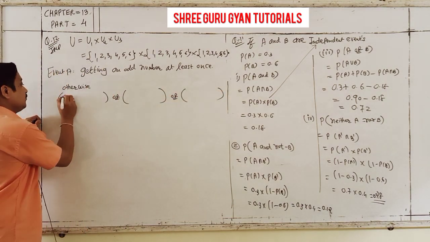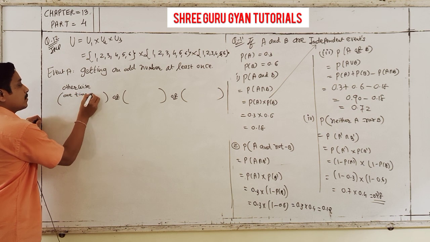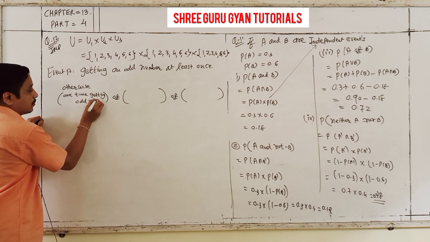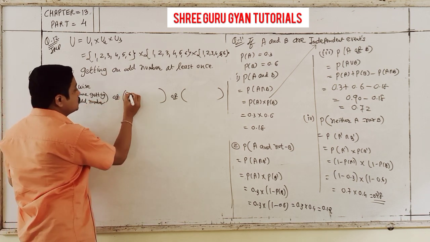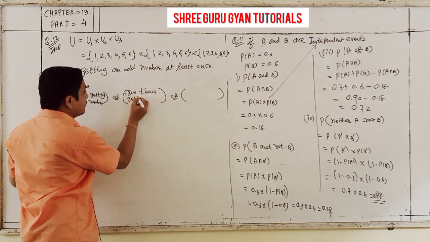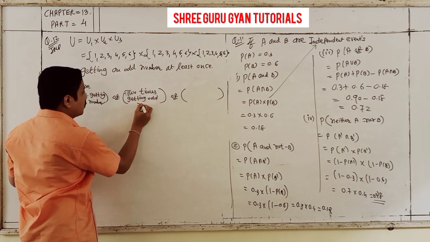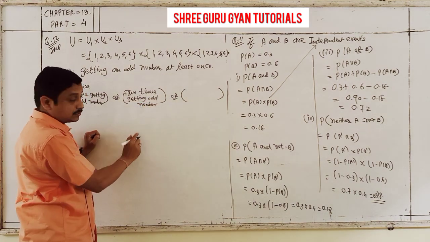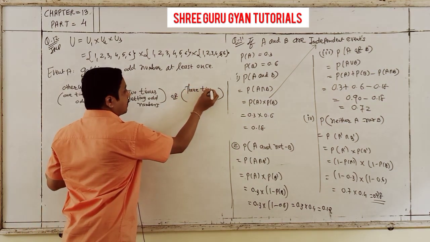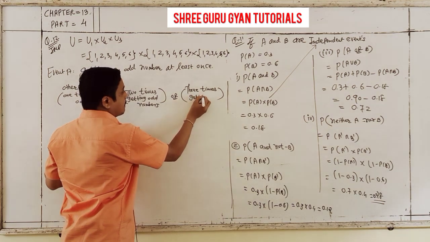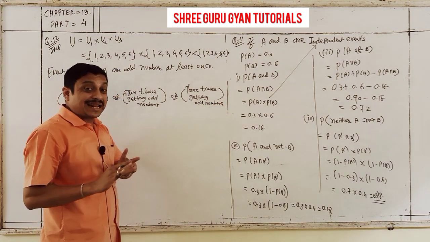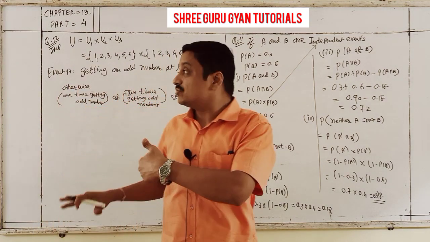At least one means here we write: one time getting an odd number, otherwise two times getting an odd number, or in the third case three times getting odd numbers. Students, in this criteria, if you define all three, it's very lengthy.